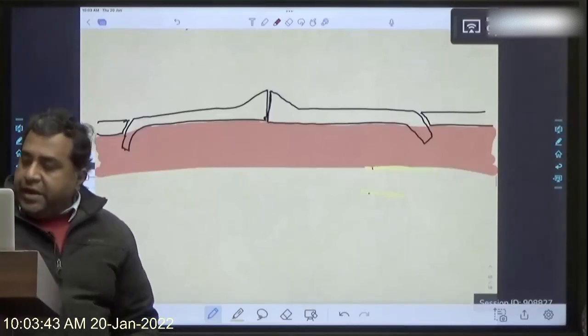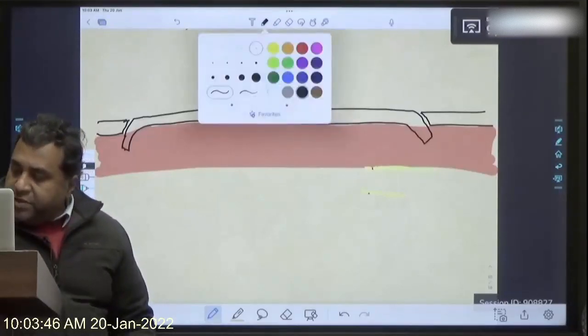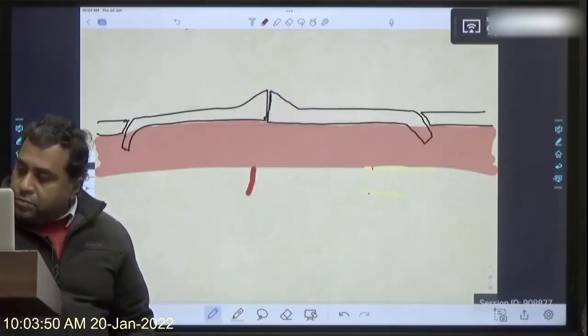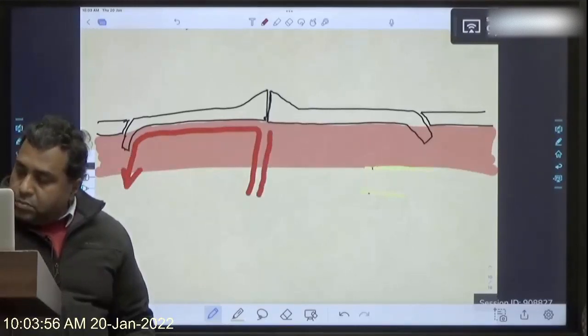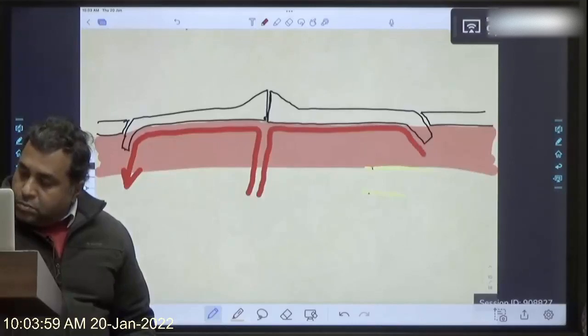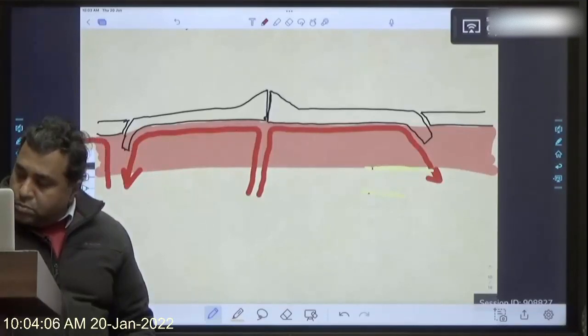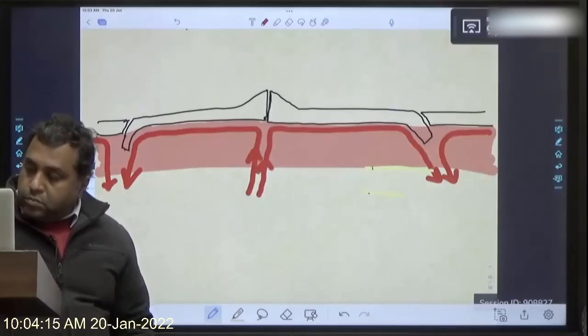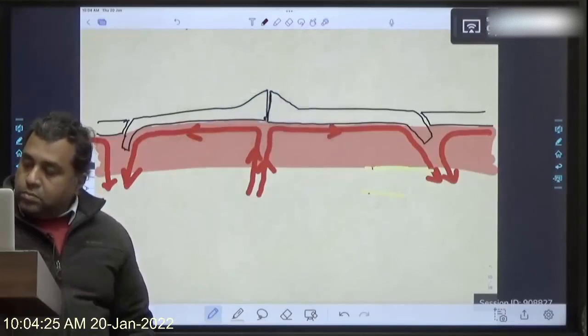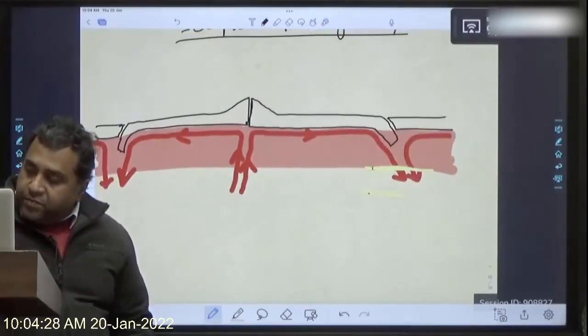Right. And in this, I'm drawing something more. Please see, focus, and draw. Okay. So the diagram is complete. Now I'll draw the parts of this.